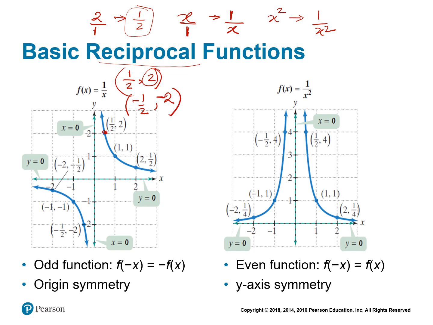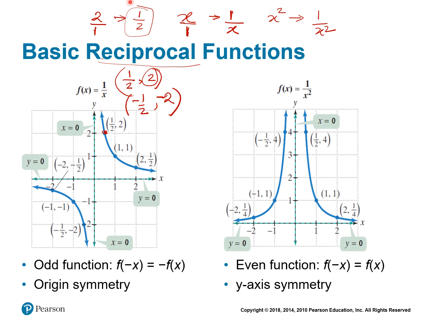So if it says here f of negative x is equal to negative f of x, that means if we replace the x value with its negative counterpart, then the y value would also become negative. Now, what happens in reciprocal functions where we have, let's say, 1 divided by x?